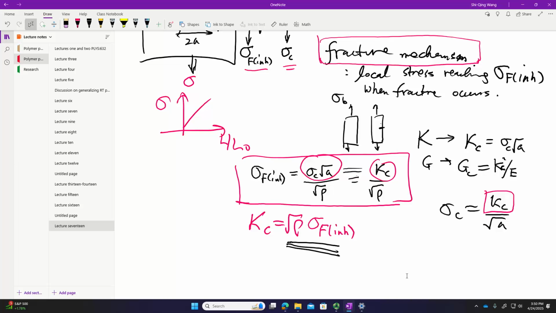Any trouble with that? Is this not an aha moment? Or shouldn't I teach fracture mechanics in a hurry by showing this?